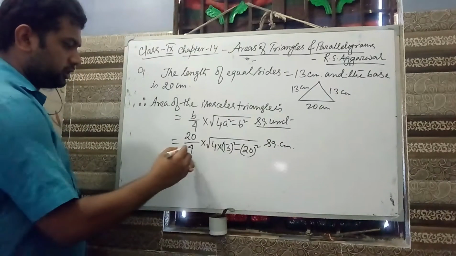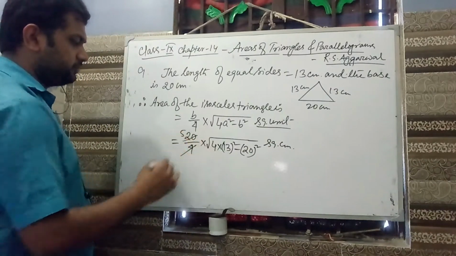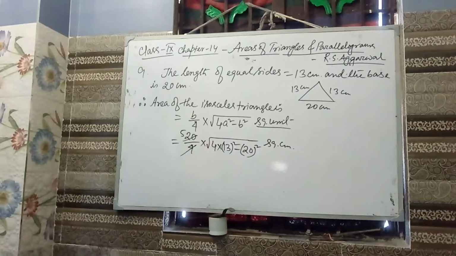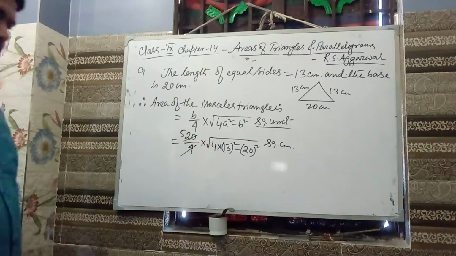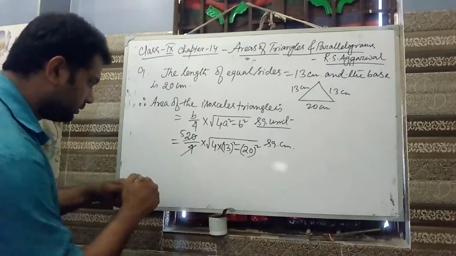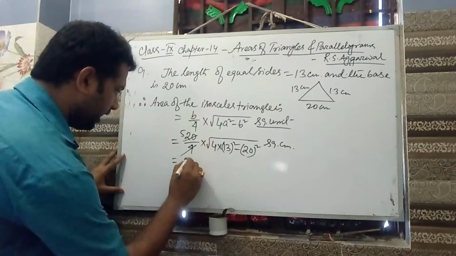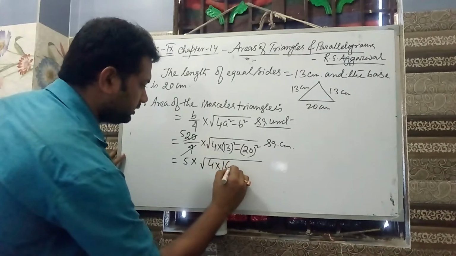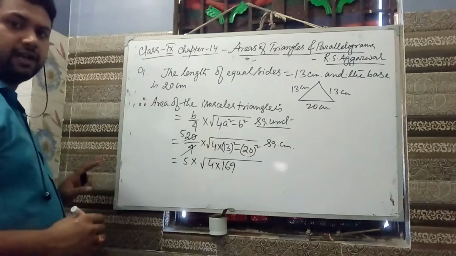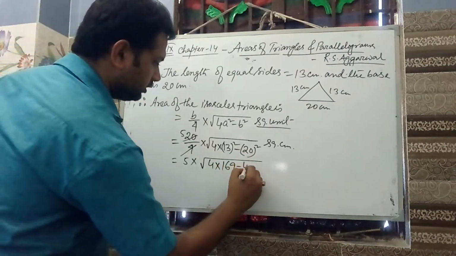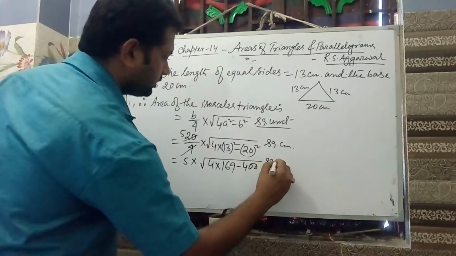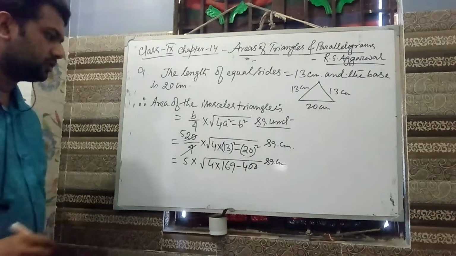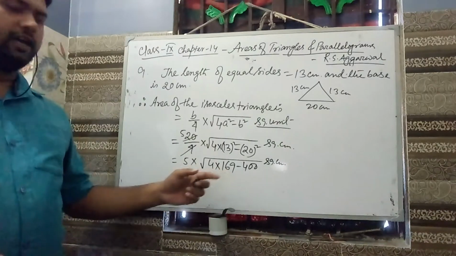Calculate it. 4 fives are 20. 13 square is 169. So it will become 5 into root over 4 into 169, 20 square is 400, 400 square centimeter. So 4 into 169, multiply.